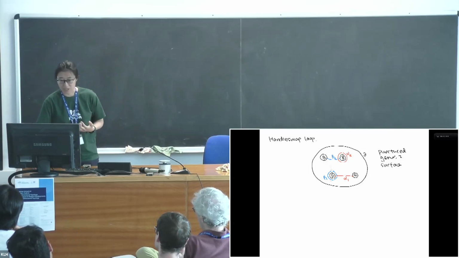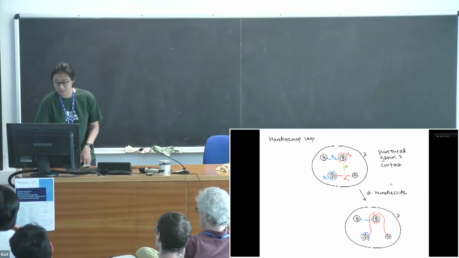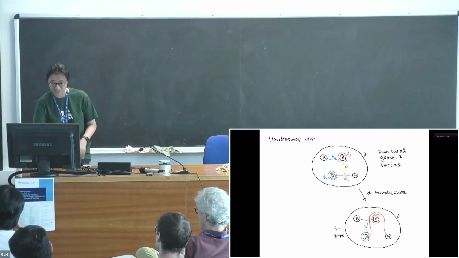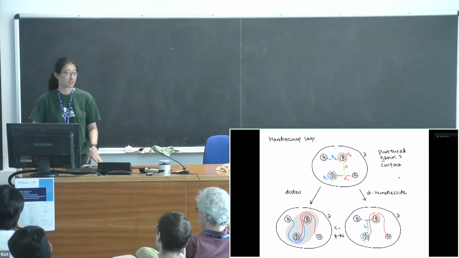For example, we have this special handle swap loop. We can first do an alpha handle slide on this arc and get another Heegaard diagram. Then we can do beta handle slides on the beta curves and get another diagram. If we look at this gray zone, we can see that they are also related by a diffeomorphism.